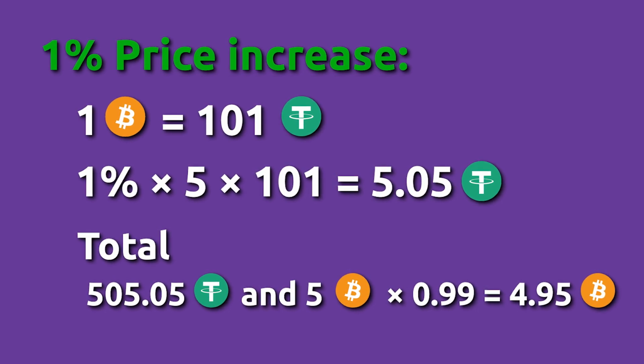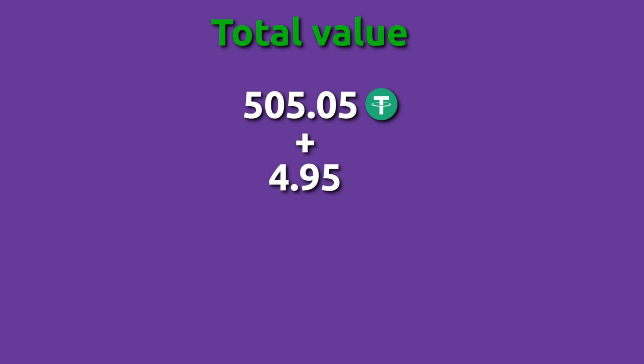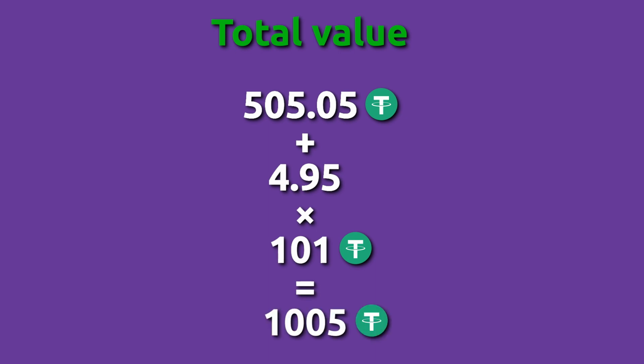That's equal to 4.95 BTC. Let's check how much this is worth in total now. 505.05 USDT plus 4.95 times 101 USDT. That's equal to 1,005 USDT. That indeed corresponds to a 1% increase of half our portfolio, because 1% of 500 is 5.